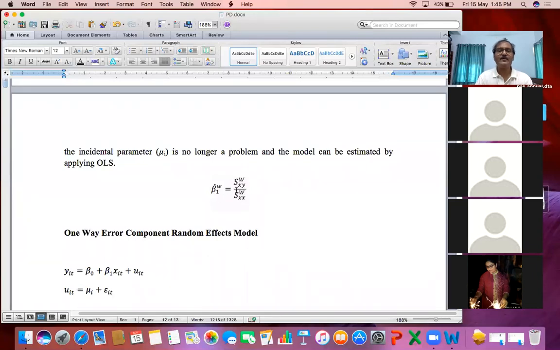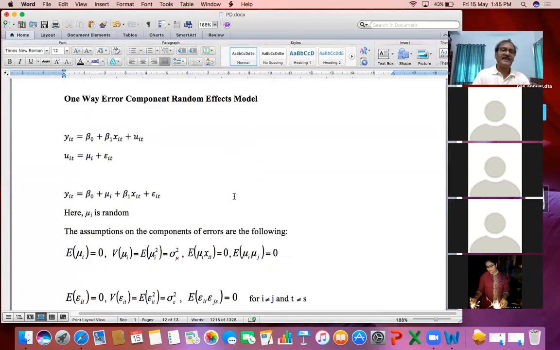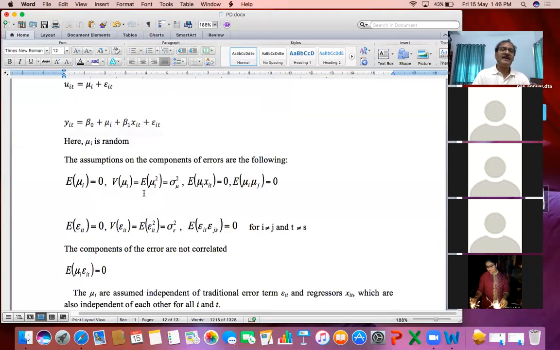So in this way, we can calculate beta 1 hat, the estimated coefficient of the regression equation, by considering the cross-section specific heterogeneity, where the heterogeneous factor is non-random. If we consider the error component to be random, that is, we consider a similar regression equation with a similar decomposition, we substitute similarly, but here assume that mu i is random.